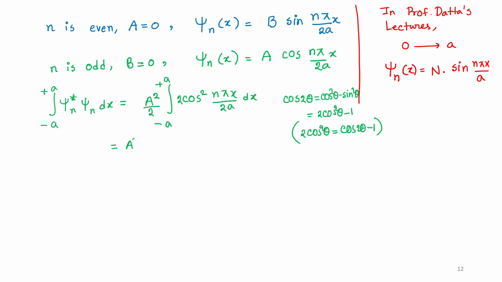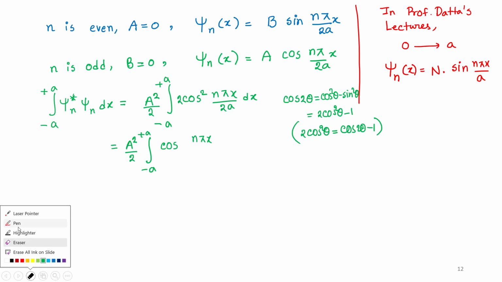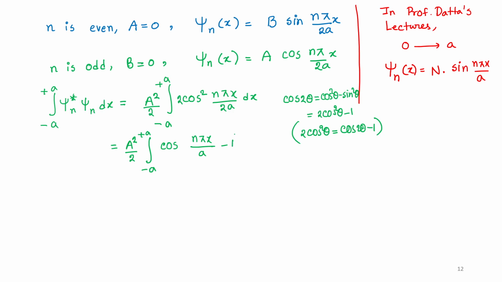So right now my integration will become minus a to plus a. 2 cos square theta is cos 2 theta, so it will be cos of 2n pi x by 2a, so I can erase the 2 from here, right? Because 2 will cut this, minus 1 dx. So it would be a square by 2. Now what is the integration of cos n pi x by a?